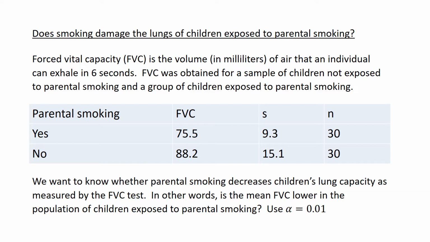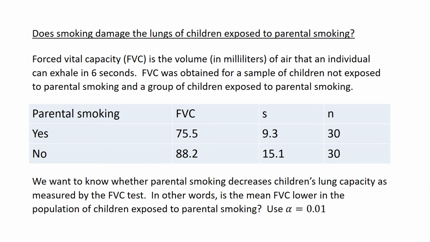Now, forced vital capacity is something that we measure in milliliters. It is not a proportion of children with a specific forced vital capacity. So we are comparing means, the mean forced vital capacity for each of these two groups.